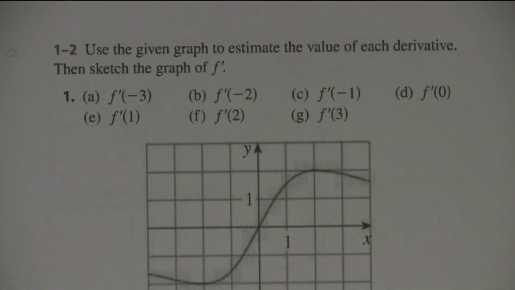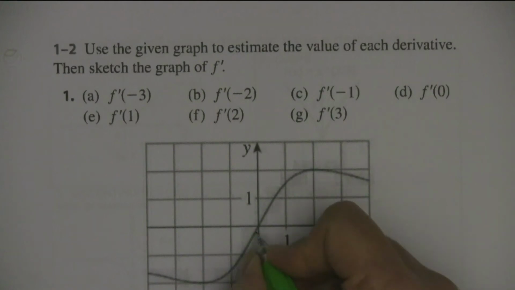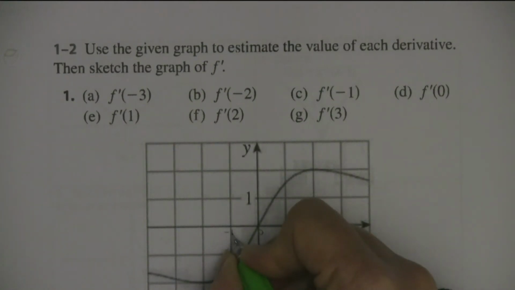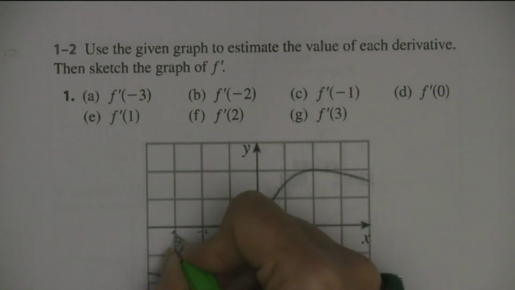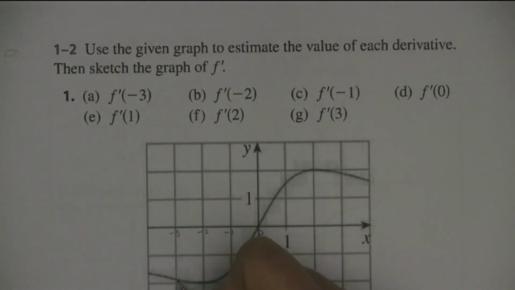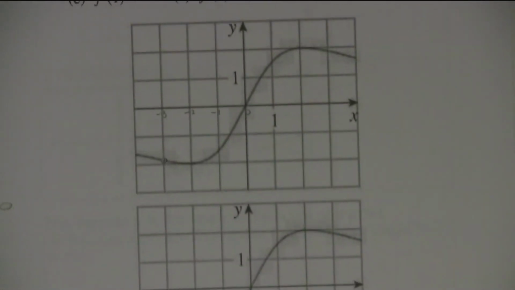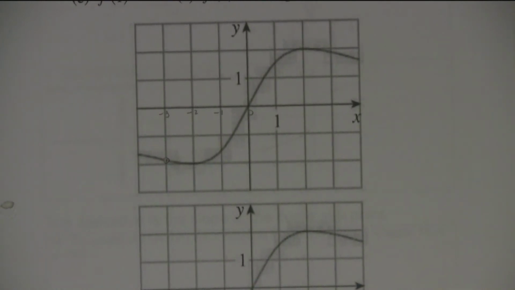They're asking me to find the slope of the graph at -3. So in Stewart fashion, doesn't have this labeled. So I'm going to do a little labeling on it. So they're asking me to find the slope at that point right there, to estimate the slope at that point.